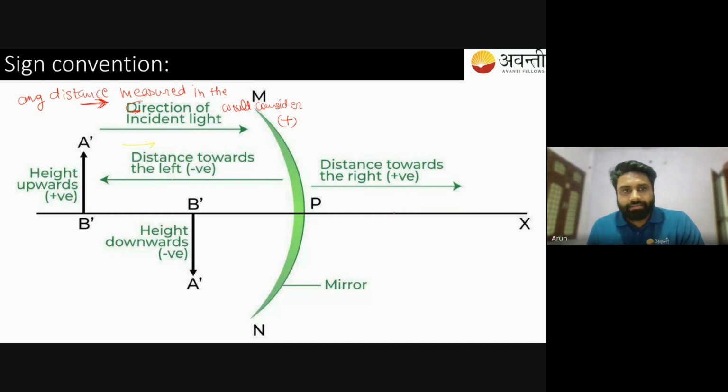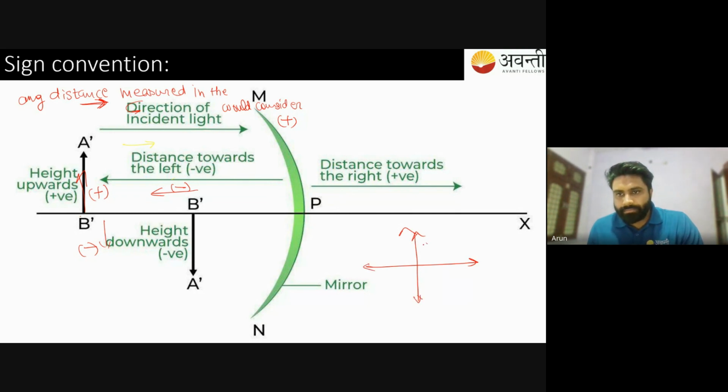Okay, and in the direction of the reflected rays it is considered negative. If you are moving up from the principal axis it will be positive. If you are moving down from the principal axis it is negative. So you can remember this by this quadrant.